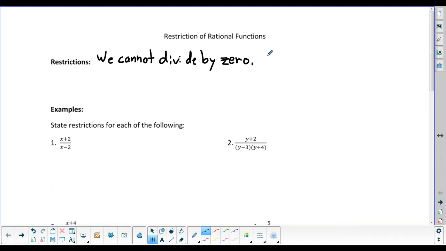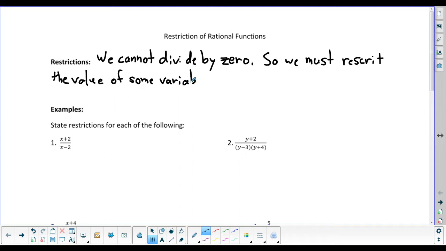Okay, so since we can't divide by 0, we have to restrict, hence restrictions, some of the values of the variables in the denominator. So we must restrict the value of some variables to avoid division by 0.